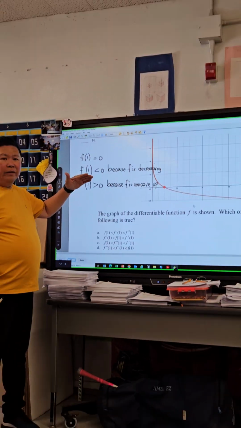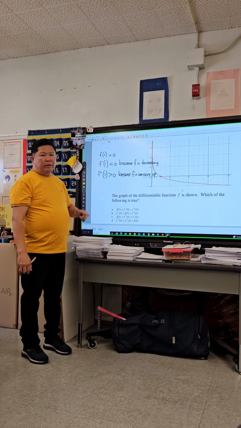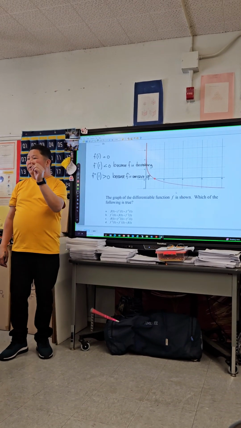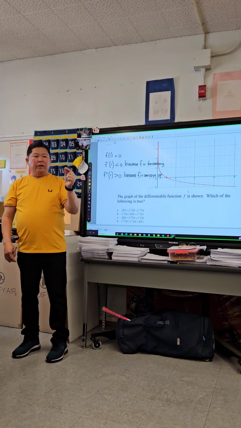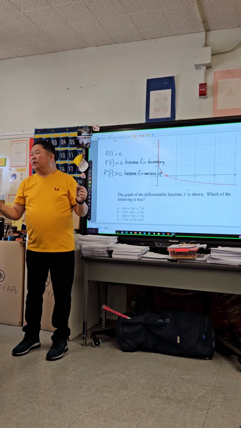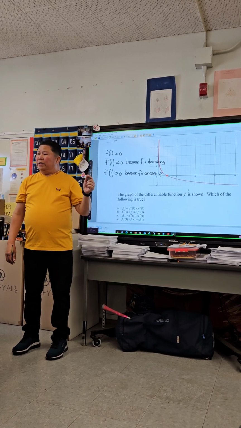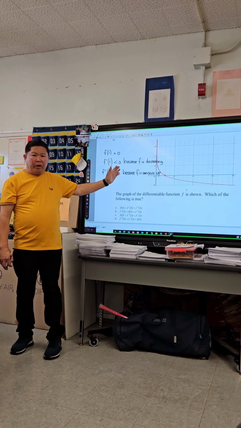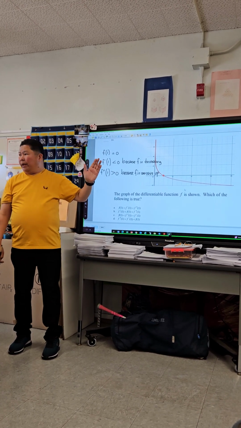Next is to investigate whether the graph is increasing. So, the first derivative is increasing or decreasing. I'd like you to write that down in your layman's terms, because guaranteed one of the problems in the actual AP is similar to this one. Okay?